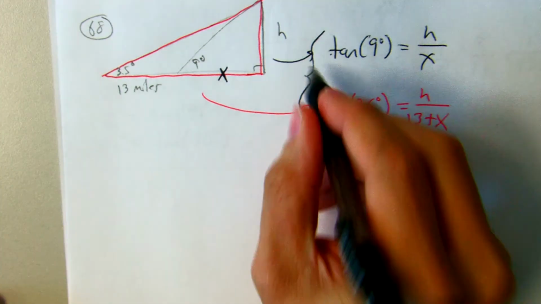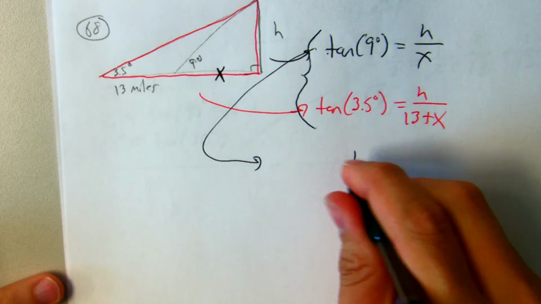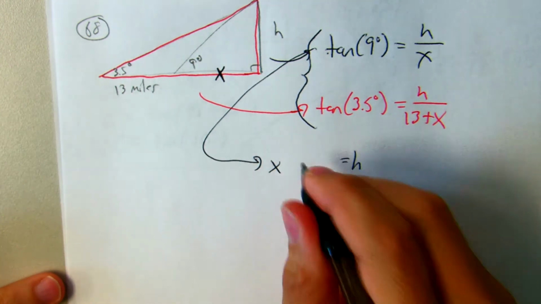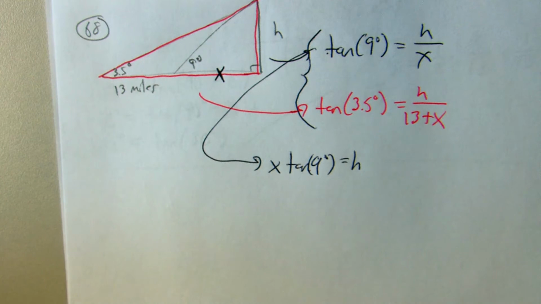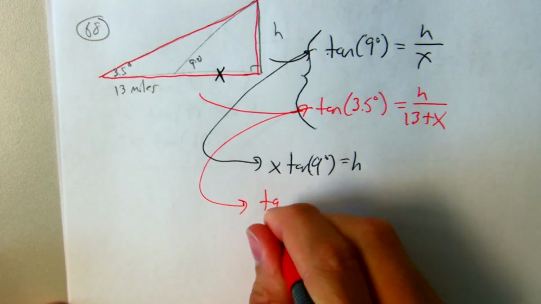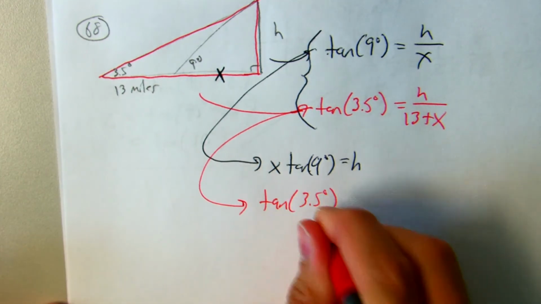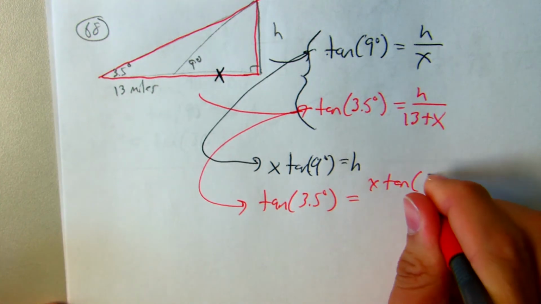So what I could do is I could take this equation and I could solve it for H. And H is X times the tangent of 9 degrees. And then I can substitute that into the other equation. So instead of saying H, I'm going to put X tangent of 9 degrees.